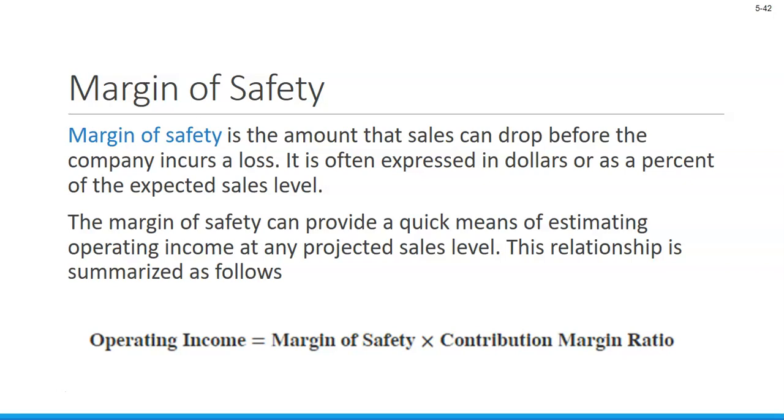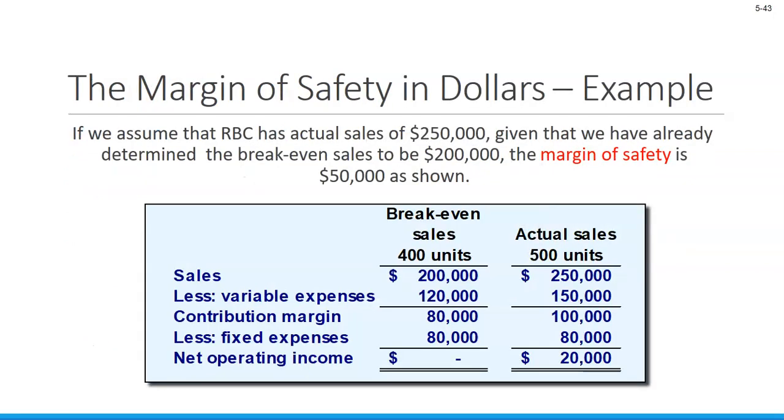So this can help us calculate our operating income at any sales level. So we're going to look at an example of that. So if we assume we have actual sales of 250,000, our break-even sales is 200,000. So our margin of safety is 50,000.